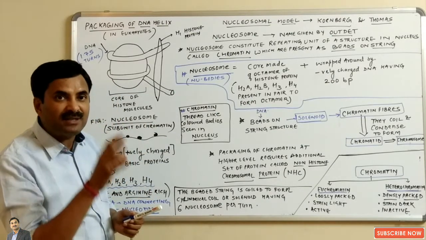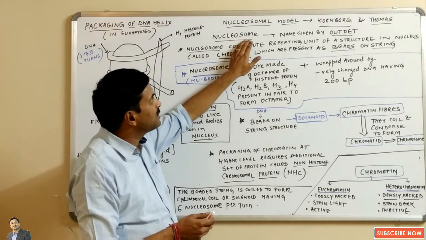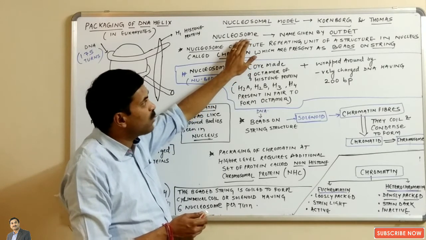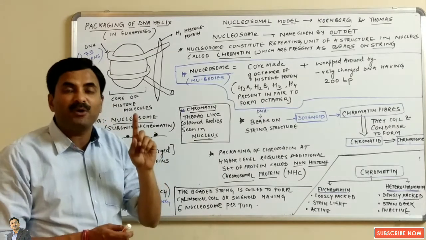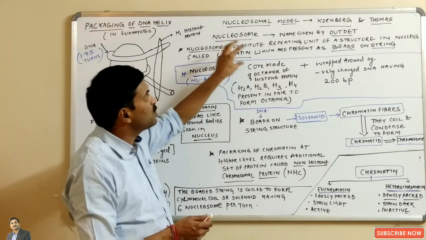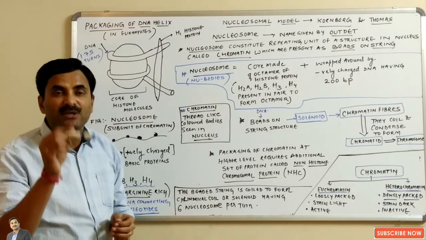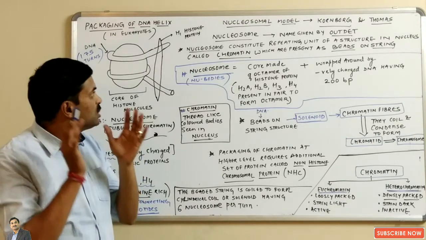Because you are studying the nucleosomal model, you must know who gave the term nucleosome. The term nucleosome was given by Audet. Now, you must know the literal meaning of the word nucleosome.